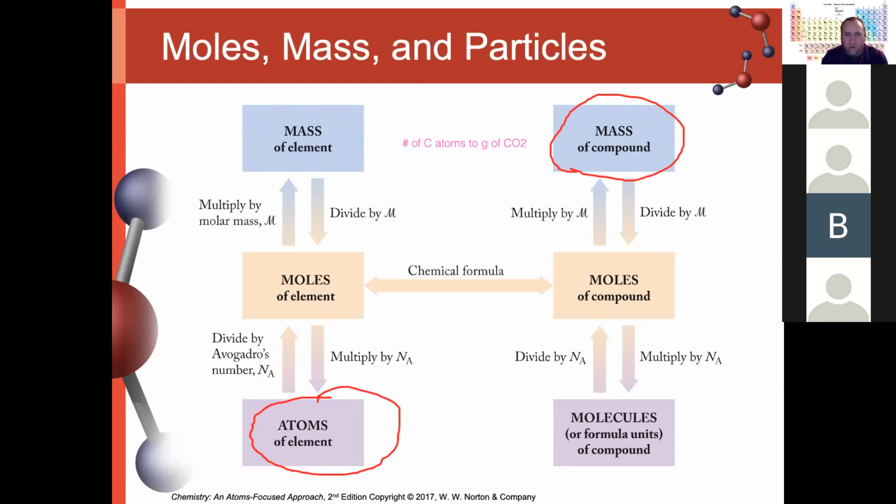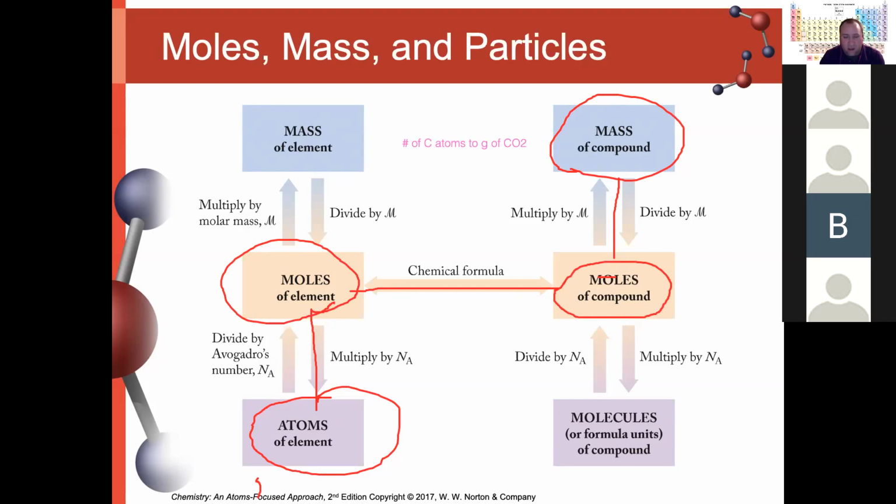Well, the approach that I would take is that I would start here with my atoms. I would go up and calculate the number of moles of carbon that I had. I would use the chemical formula to go from moles of carbon to moles of carbon dioxide. And then I'd use the molar mass of carbon dioxide to figure out its total mass.